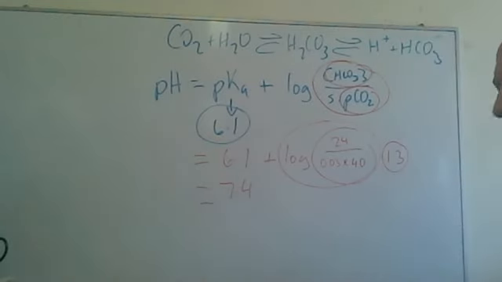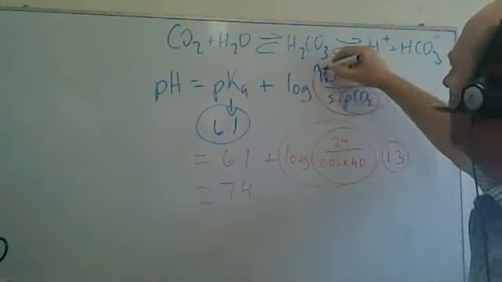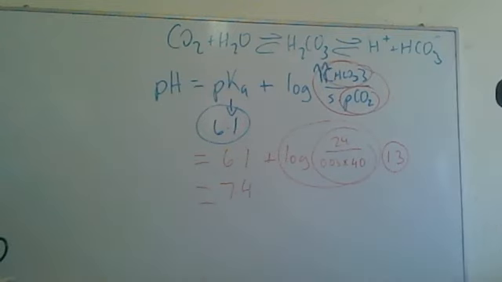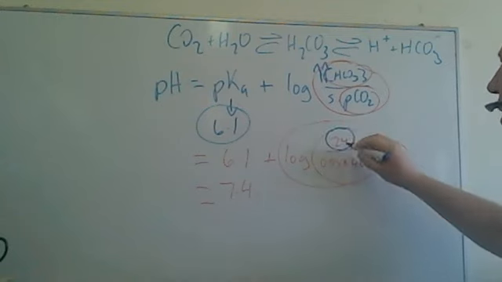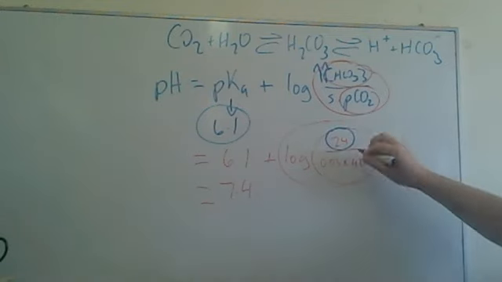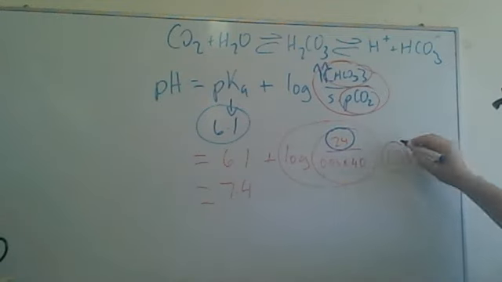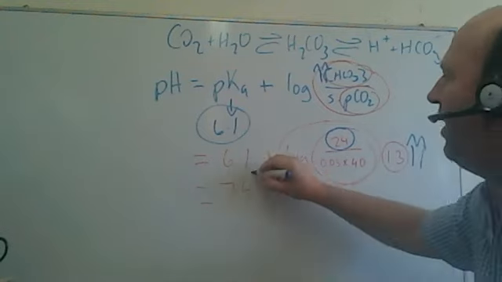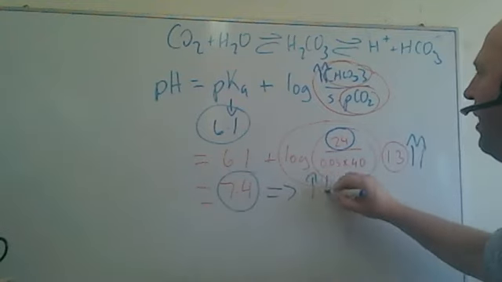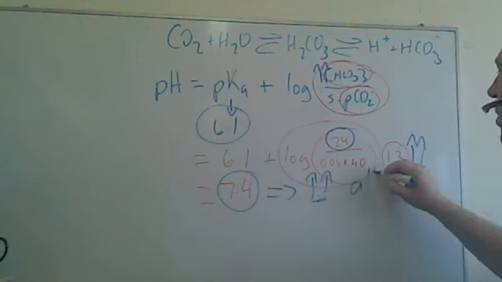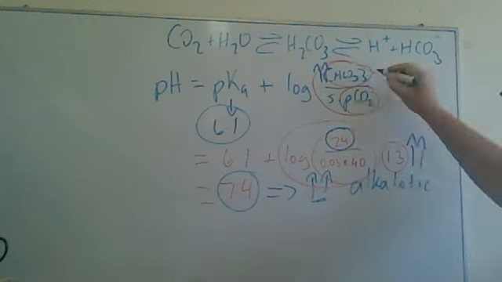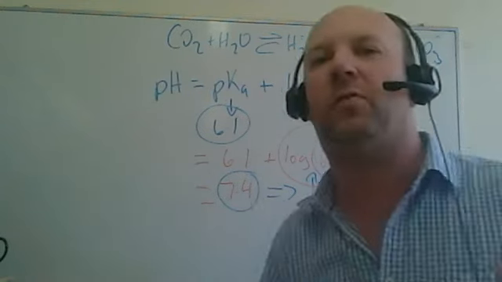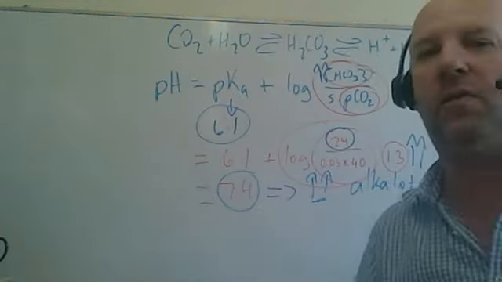Now, let's have a look at this equation and see what happens, for example, if we increase bicarbonate ion concentration. If we increase bicarbonate ion concentration, what you can see happen is the numerator will increase, and if the numerator increases, the log of this value will become greater, so it'll be higher than 1.3, and therefore the pH will become greater as well, so it'll become alkalotic. So an increase in the bicarbonate ion levels is going to lead to an alkalotic situation.